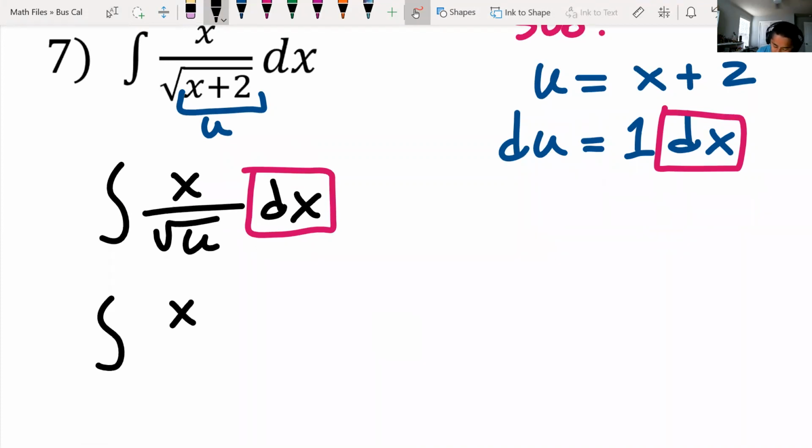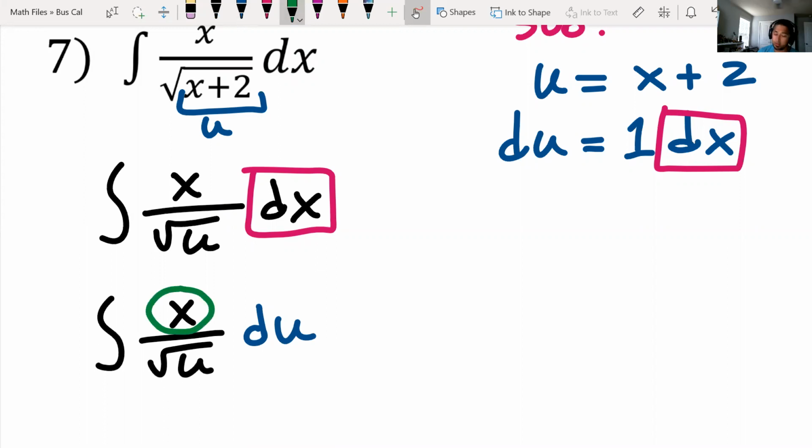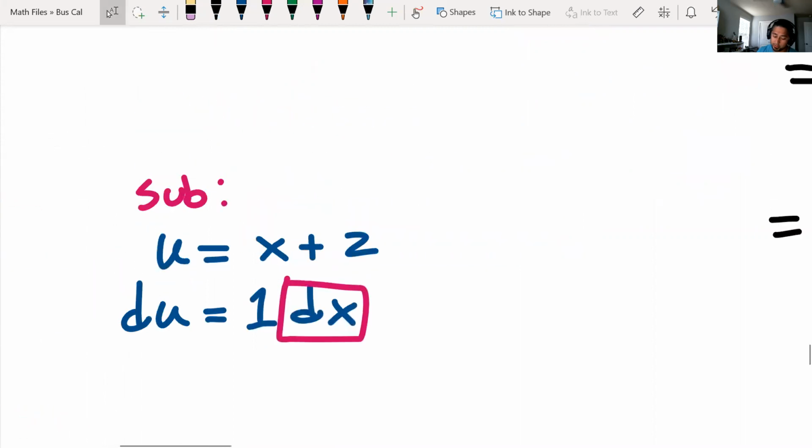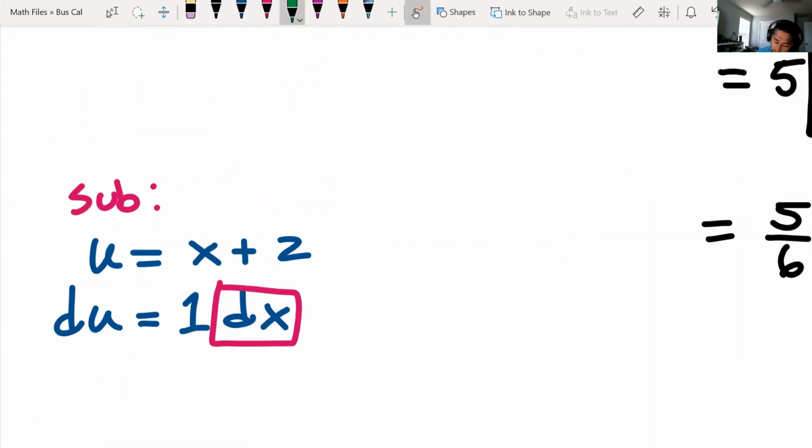So you get x over the square root of u du. But once again, we have this pesky x that we need to get rid of. So this means that we look at our substitution again. u equals x plus 2. Now, once again, all we have to do is solve this equation for x.